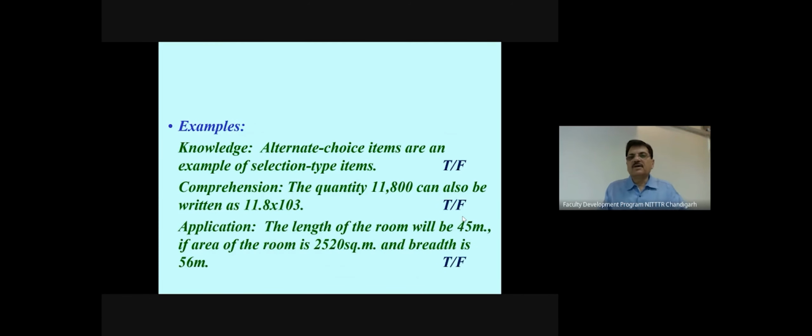So these are the true false questions pertaining to knowledge, comprehension, and application. Alternate choice items are an example of selection type. The quantity 11,800 can also be written as this one, 10 to power 3. Application, the length of the room will be 45 meter if area of room is this one and breadth is this. So this is application.